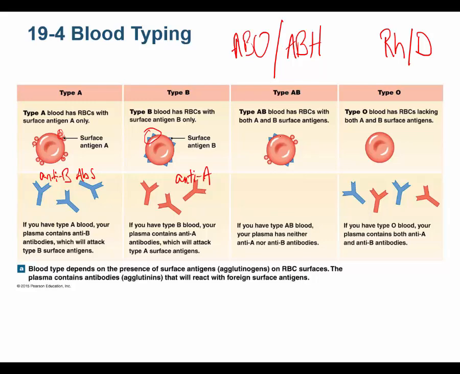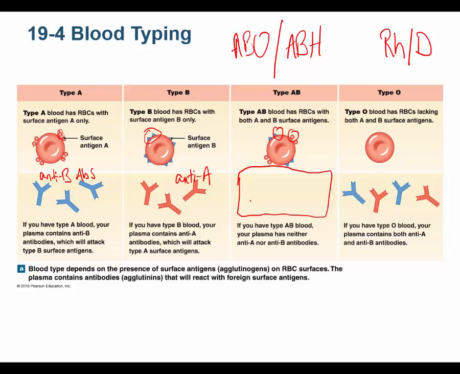Now, if you're type AB, you have the B antigen and the A antigen. You have both antigens on your red blood cells, and you don't make any anti-A or anti-B antibodies. I mean, this person makes antibodies.